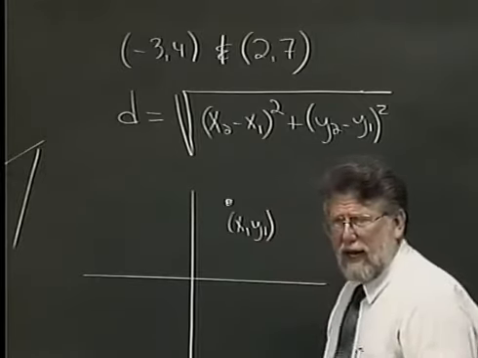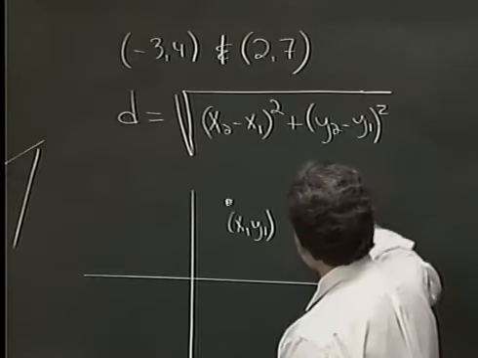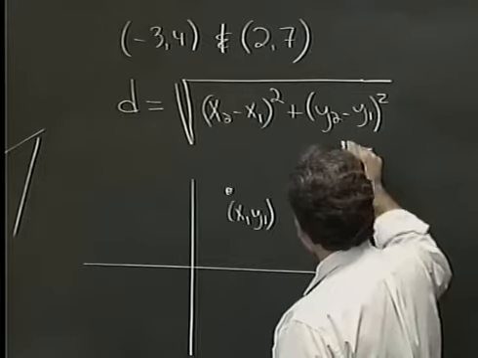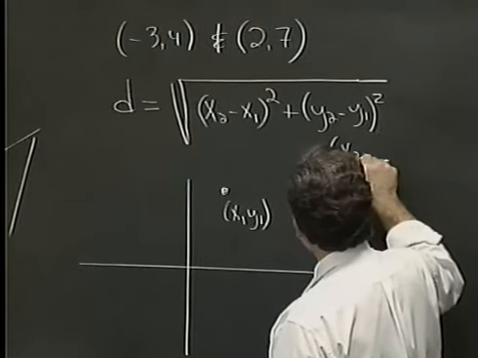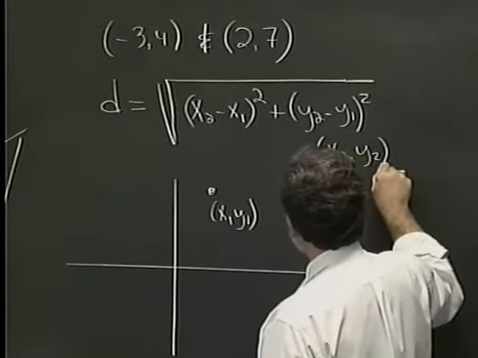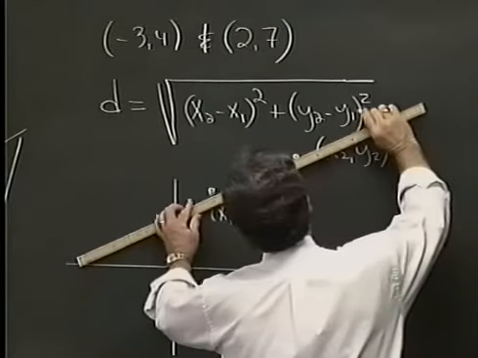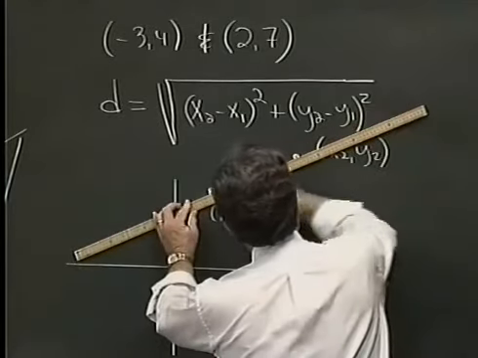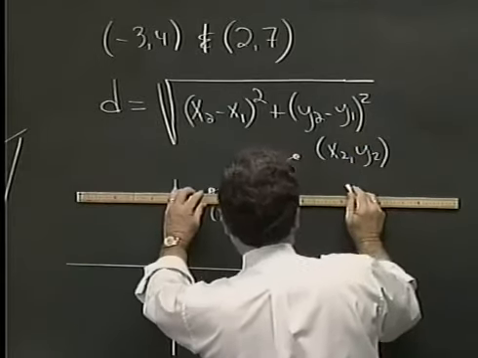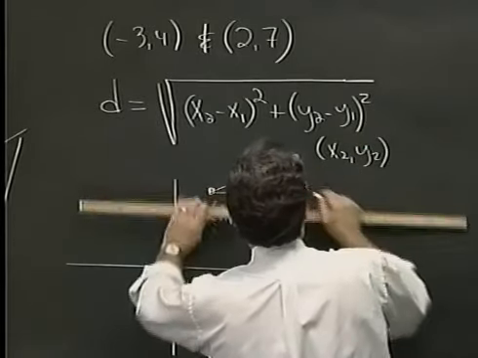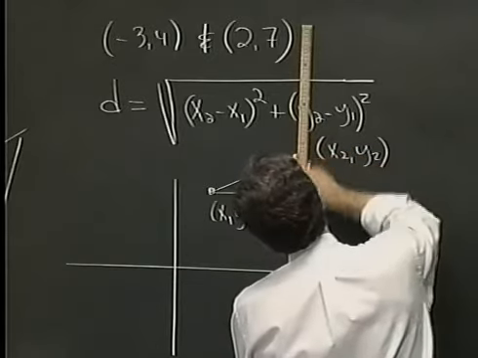We technically should say x sub 1 and y sub 1. And up here another point which I'm going to call x sub 2, y sub 2. And then what we do is join these together. I want this distance. But what I'm going to observe is that there's a right triangle involved here.